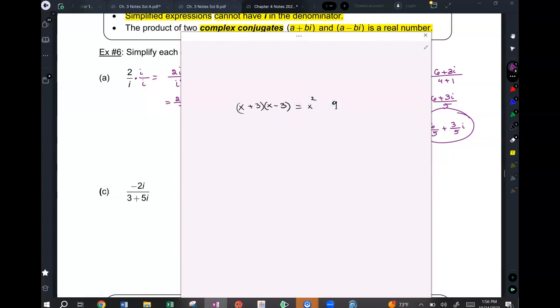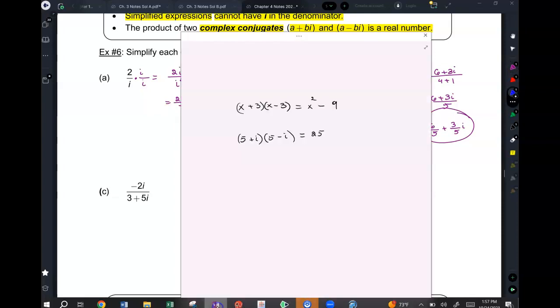Square the first, square the last, put a minus in the middle. That's it. Now, if you have 5 plus i, 5 minus i, there is a much, much quicker way to do this. Square the first, you get 25.